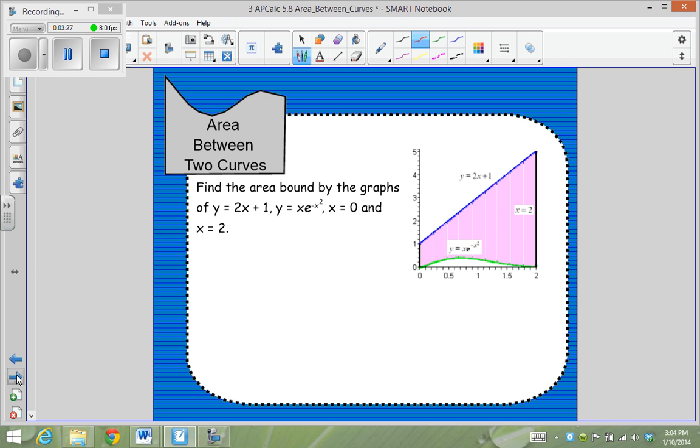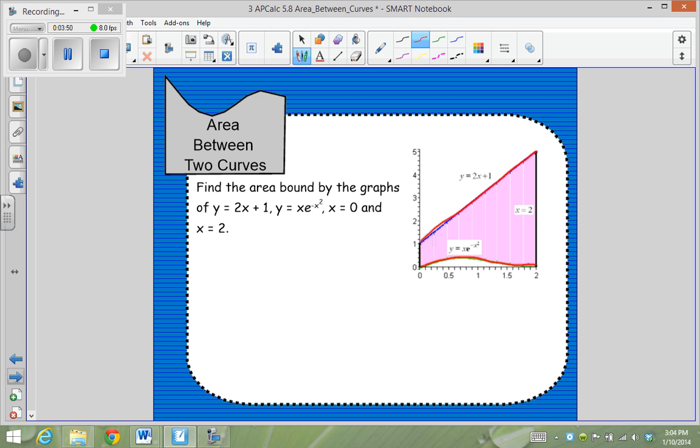This is find the area bound by the graphs of y equals 2x plus 1, y equals x e to the negative x squared, x equals 0, and x equals 2. So I have this picture here. Y equals 2x plus 1 is my line up here at the top. Y equals x e to the negative x squared is this nice little curve going right in through here.